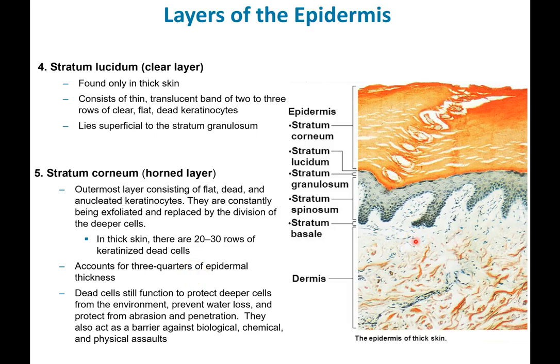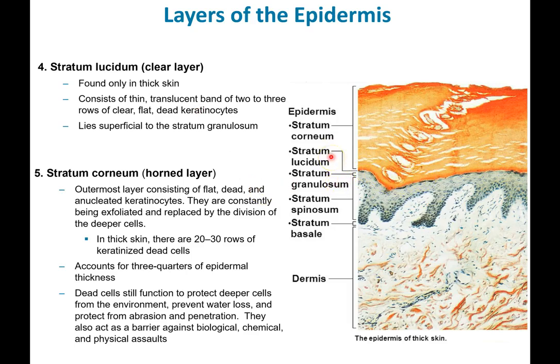Directly overlying the stratum granulosum is the stratum lucidum. Here, the term lucidum translates to clear or translucent. Recall that the stratum lucidum is exclusively located in thin skin. It consists of a band of 2 to 3 rows of clear, flattened, and dead keratinocytes.